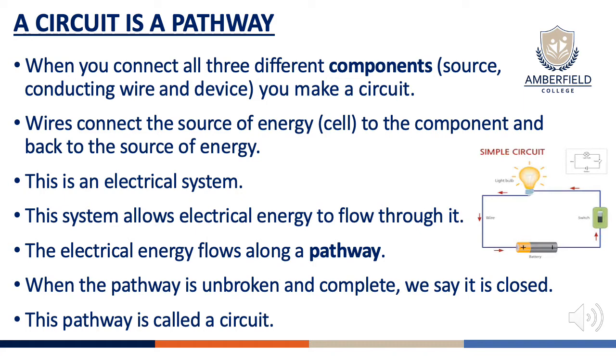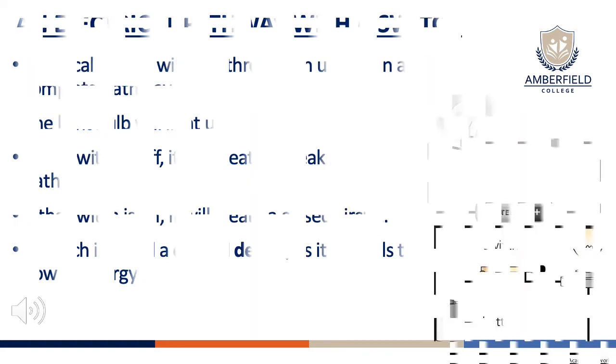So remember, our circuit is a pathway and it allows electrical energy to pass through, if the circuit is closed and complete with all 3 components. If your circuit does not have all 3 components and it is an open circuit, it won't work. Even if you have all 3 components and you haven't connected them properly, your circuit might not work. Remember, electrical energy needs a pathway to flow.